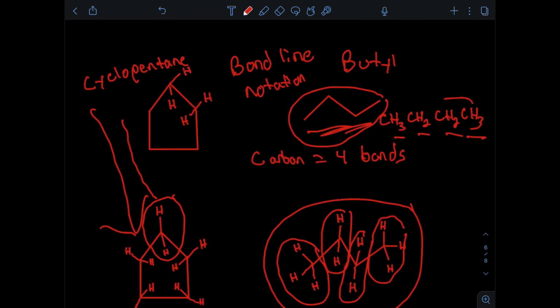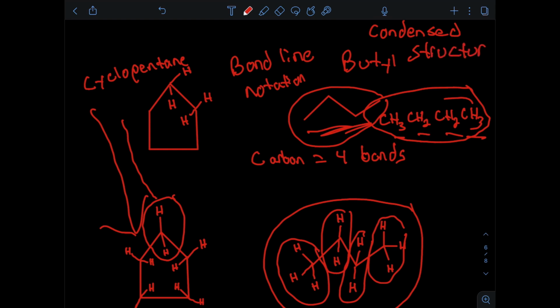And also, just so we're clear, this right here is called the condensed structure or the condensed formula, which you will see mostly when you're first starting out. Condensed structure, or condensed structural formula. So you'll hear them called either one.